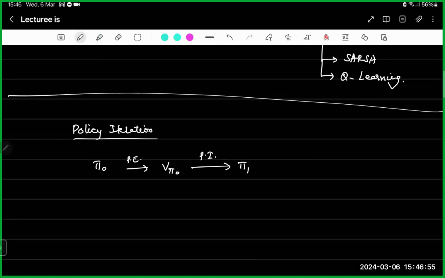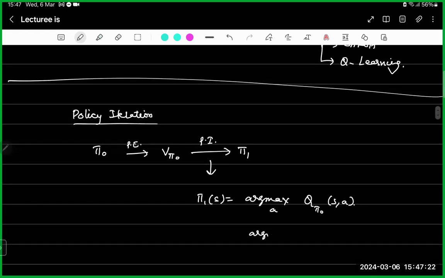So what is policy improvement? We find pi 1 of s equal to argmax over a of q pi naught of s comma a. From v pi naught, we have to do this, right? Which is q pi naught of s comma a, which is what, in terms of v pi naught?